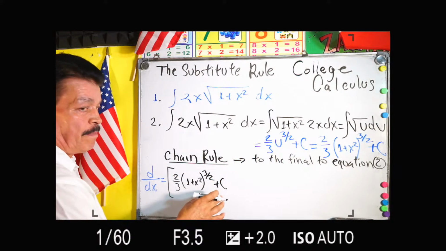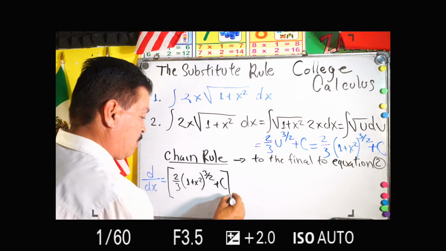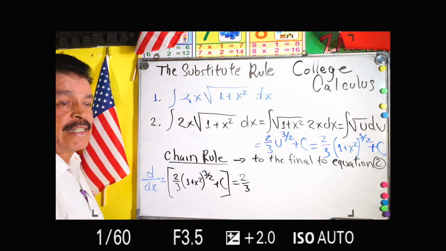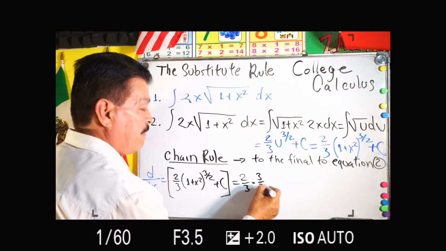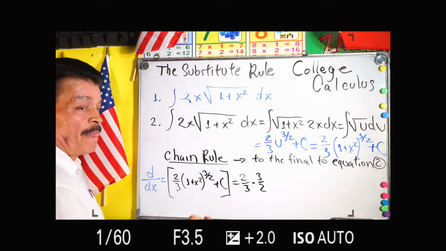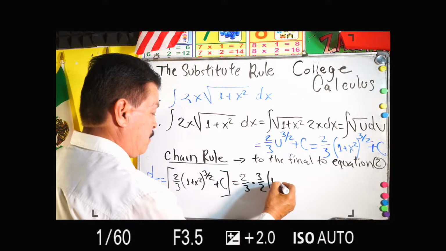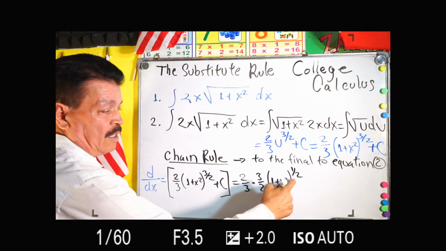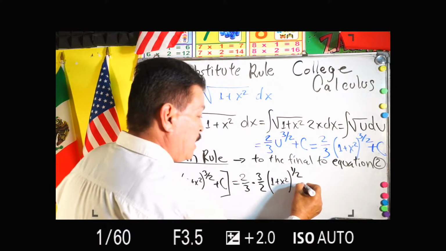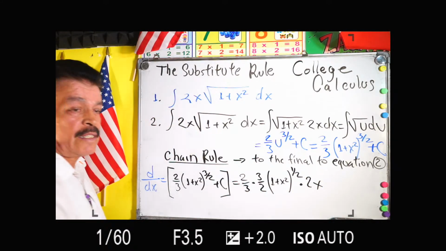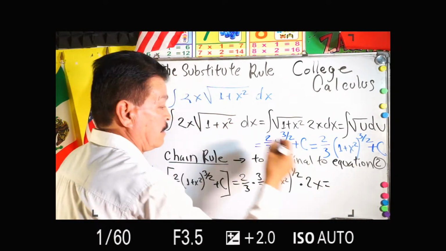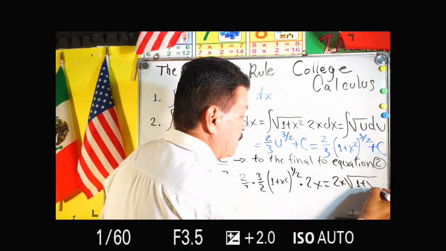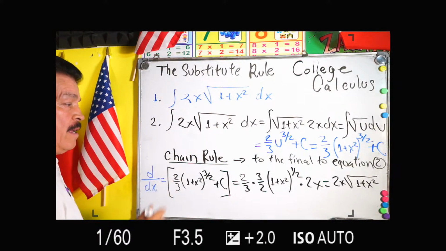All the parts of the problem plus c, and then close the bracket. Then this equals 2/3 times 3/2 times 1 plus x to the second power, to the 1/2 power, times 2x, which equals 2x times the square root of 1 plus x to the second power. Okay, so we are at this point.